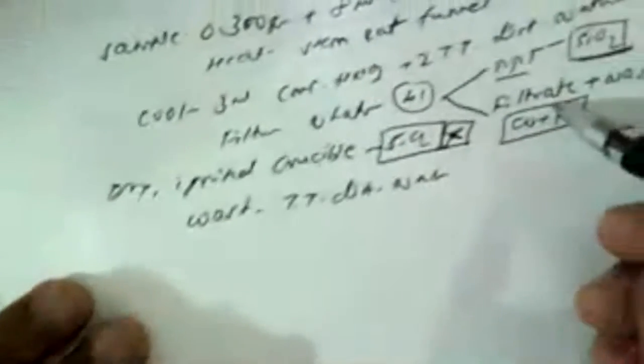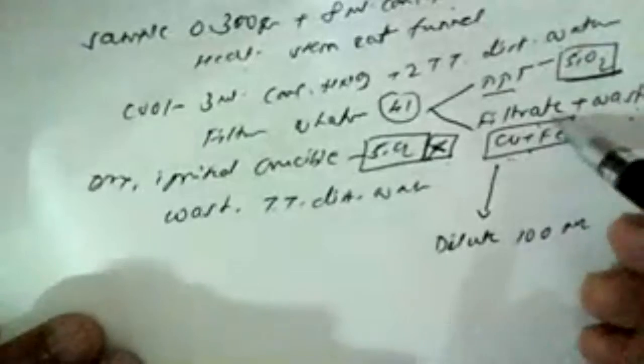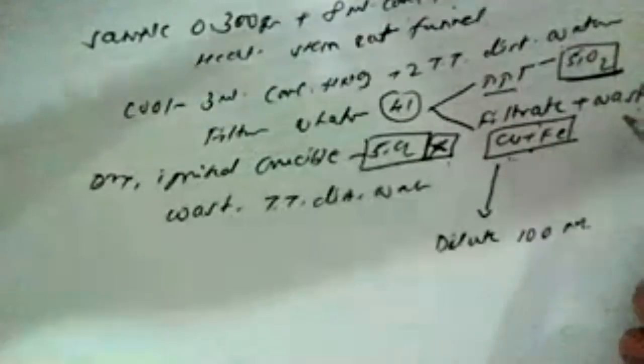Now we have to treat the filtrate and washings, which contain copper and iron. To calculate the percentage of copper and iron, first we dilute this solution to 100 ml. Whatever washings and filtrate are there, we dilute to 100 ml.